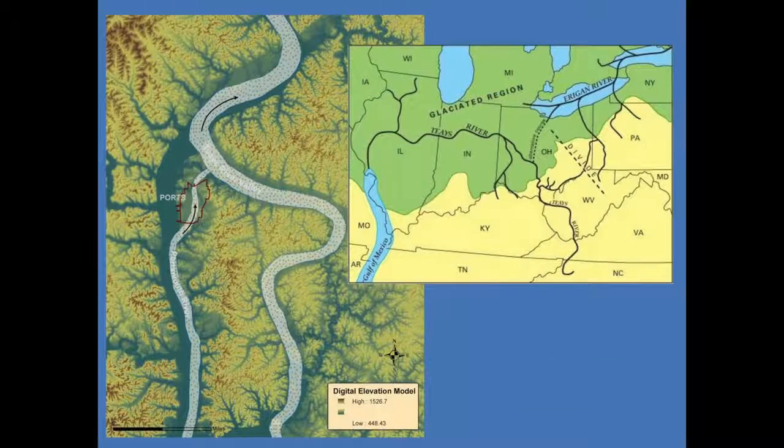This map shows the old Teays River system originating here in southeast Ohio in the headwaters and flowing to the northwest across Ohio. And you can see it was part of a very large dendritic drainage system.